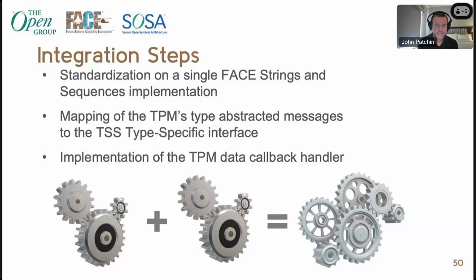Like the TSS, a TPM can handle incoming messages either via polling or data callback. BALSA, and specifically OAR's RAID, use the callback at the TSS layer, so we implemented data callback at the TPM layer as well.